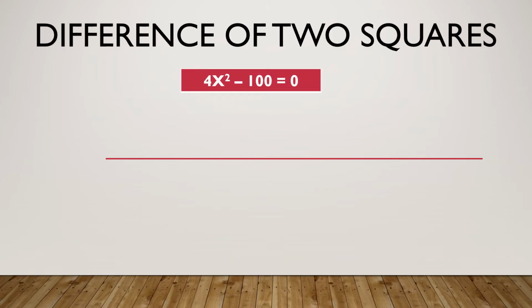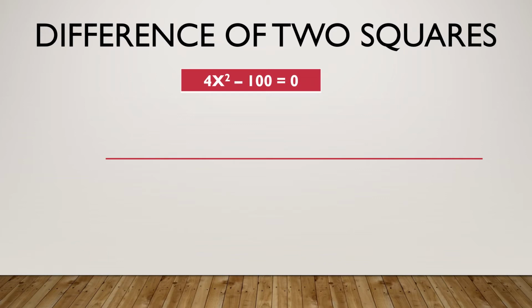So you have 4x squared minus 100 equals 0. As you can see, 4 is a perfect square, 100 also a perfect square. So this is under difference of two squares. What are the factors of 4x squared minus 100?